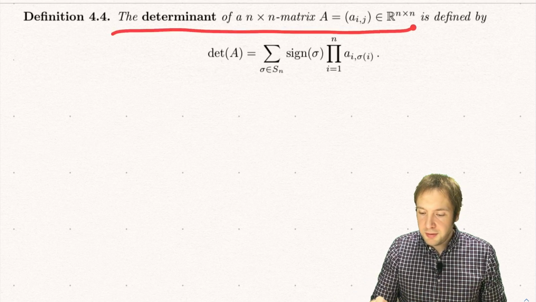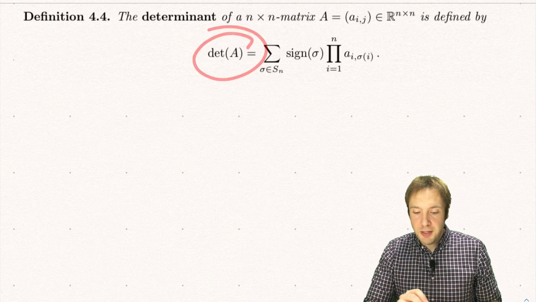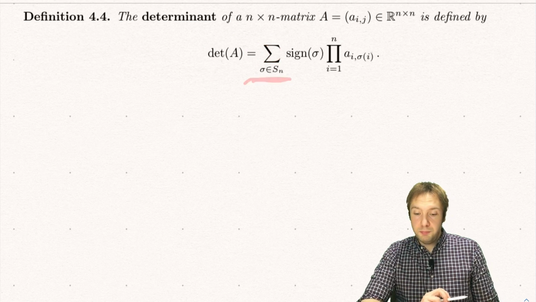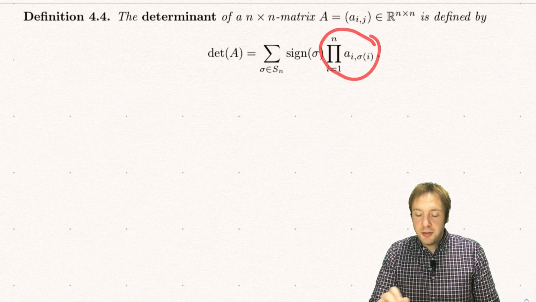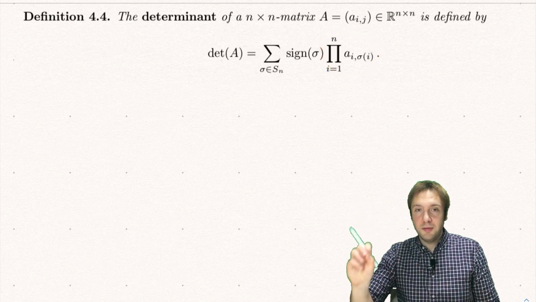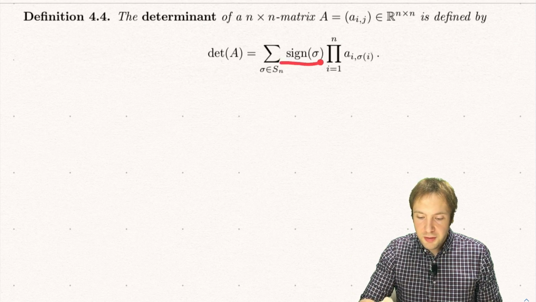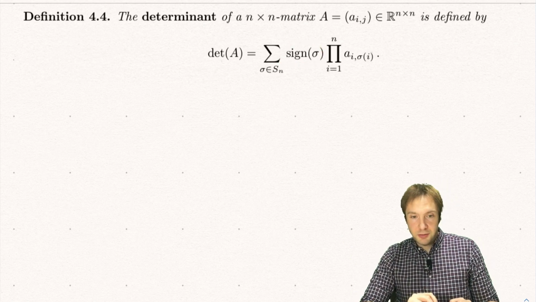So if I have an n by n square matrix A, then the determinant of this matrix is the sum over all permutations of Sn. And then what I take is the product of all entries of the places I choose of this matrix, multiplied with the sign of the permutation.